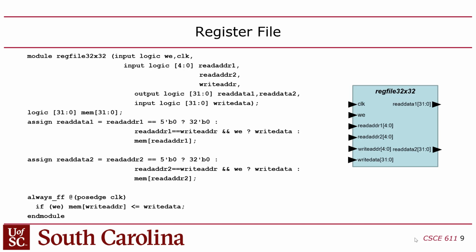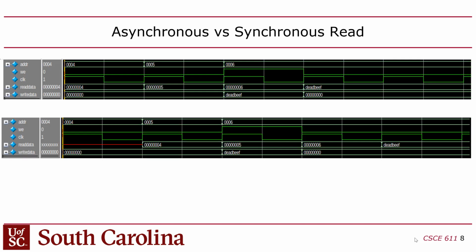So that's shown in this thing right here. Again, there's one cycle where I'm writing. I'm writing to register 6 in this one cycle, from rising edge to rising edge, but the value I'm getting out is not dead beef. I'm trying to write dead beef in there, but I don't get dead beef out. I get 6, because that's the previous contents of that register.